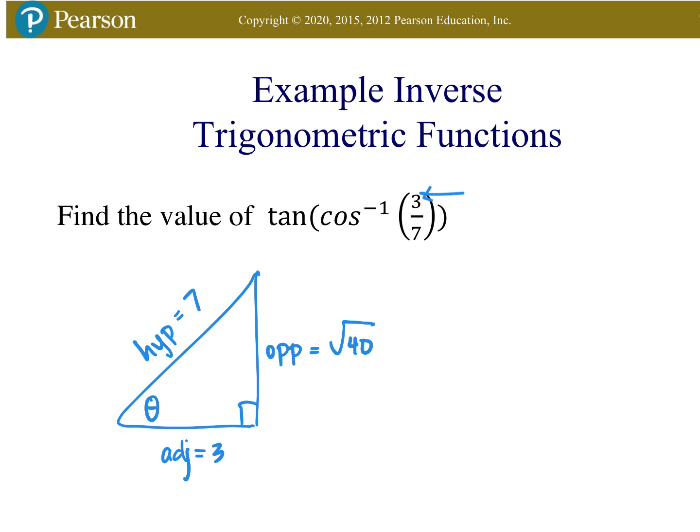And then all I have to do is find the tangent. I don't have to find all 6. This is specifying one of them. So the tangent of that value is rad 40 over 3. That's it.